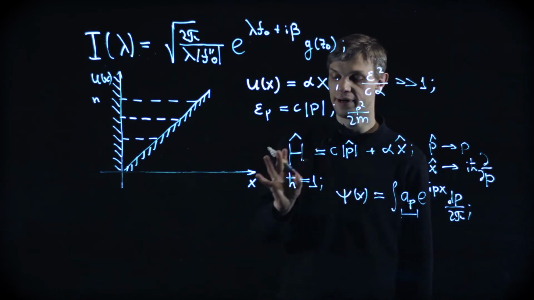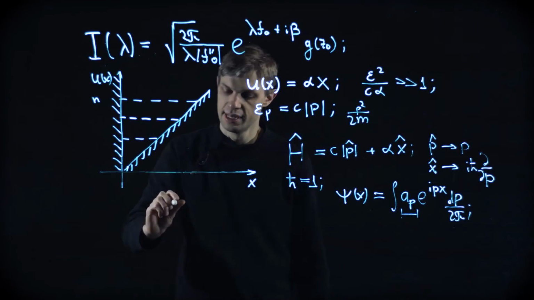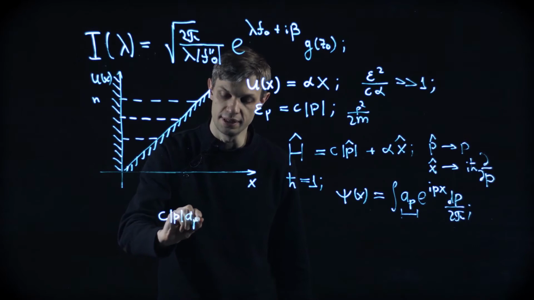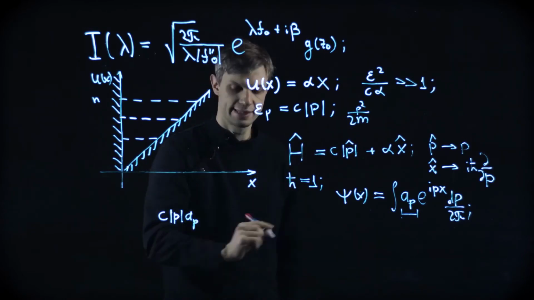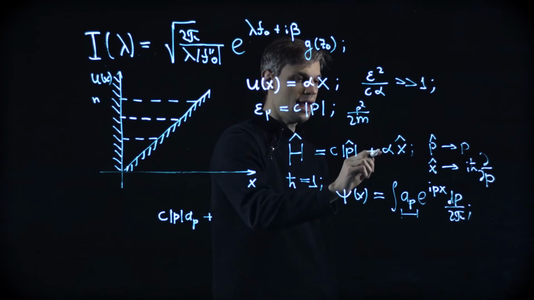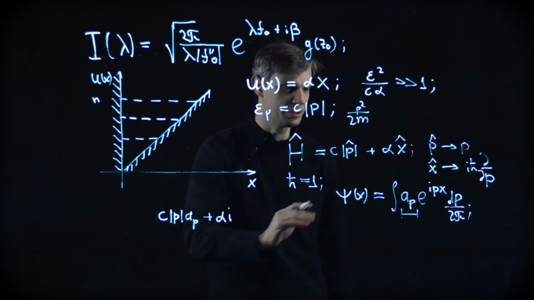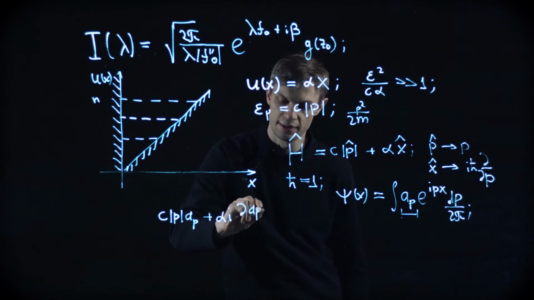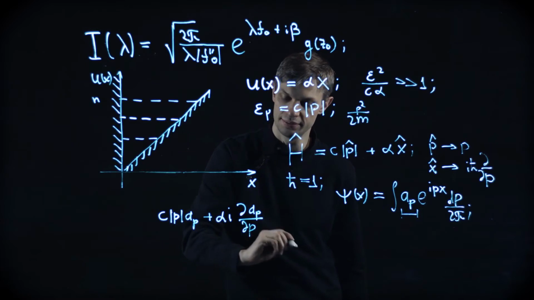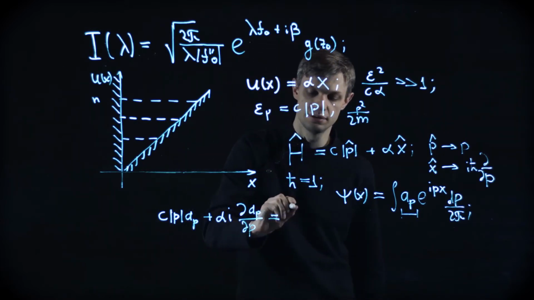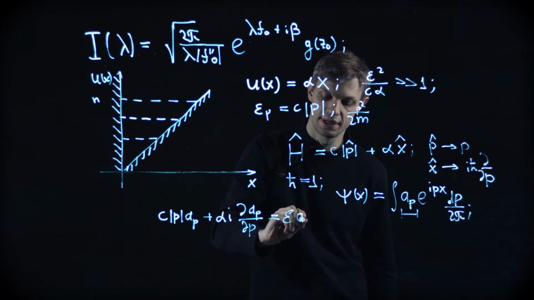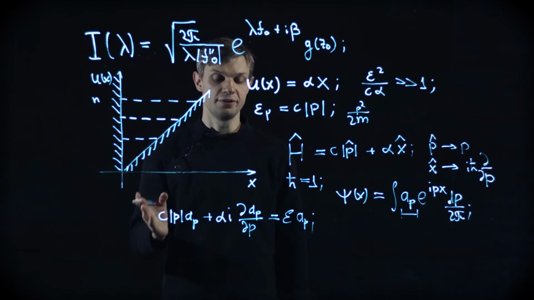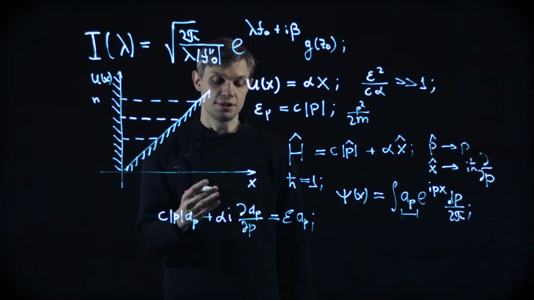So let's write down the final Schrodinger equation for our problem. Here it is: C modulus p A(p) plus alpha i d A(p) over dp is equal to the energy times A(p).